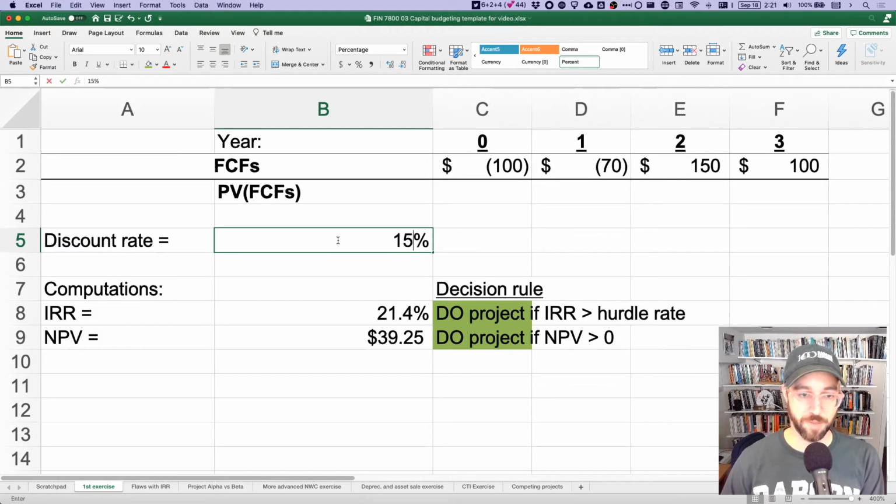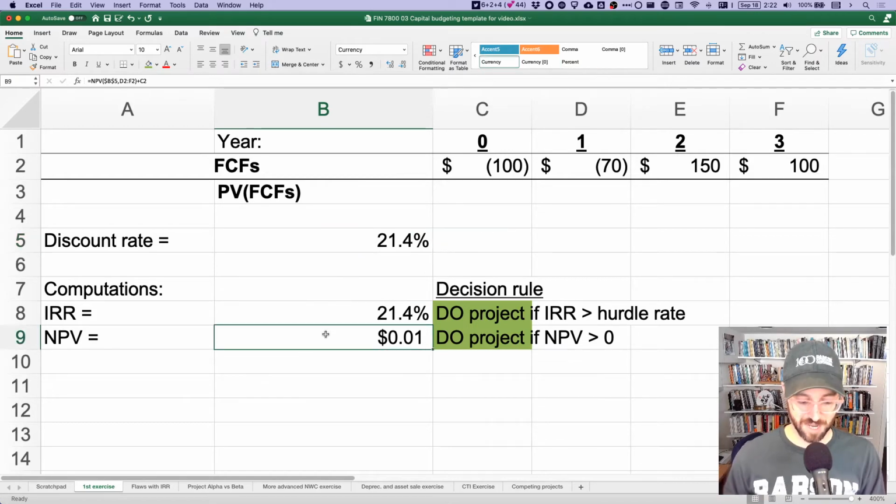Let's try something a little bit higher. How about 15%? No, the project is still NPV positive. How about 25%? Oh, now the project is NPV negative. We've got to try something in between. How about 20%? Well, let's try 21%. And so Excel is basically just searching around, looking for the discount rate that exactly makes this equal to zero, until eventually it settles on something that's very close to 21.4% and makes the project's NPV very close to zero.